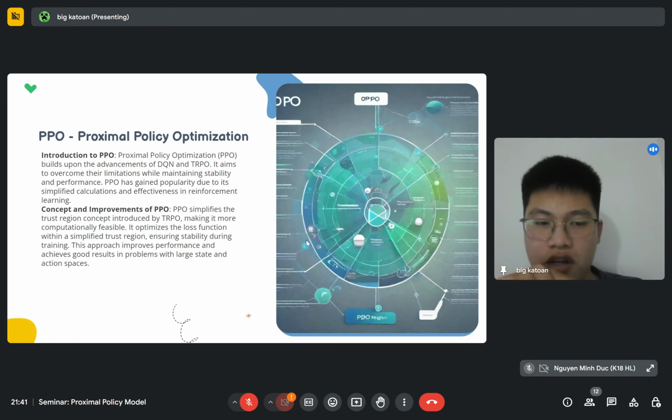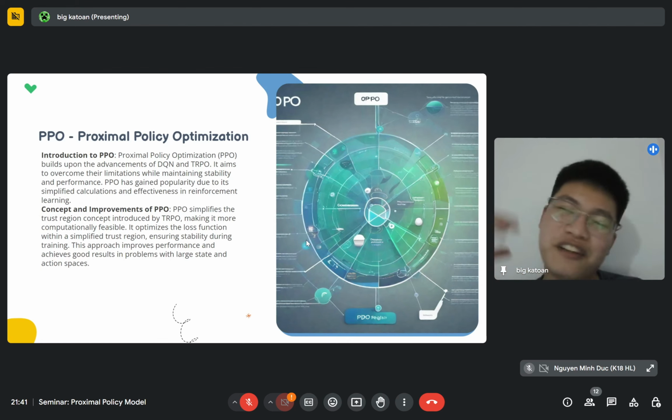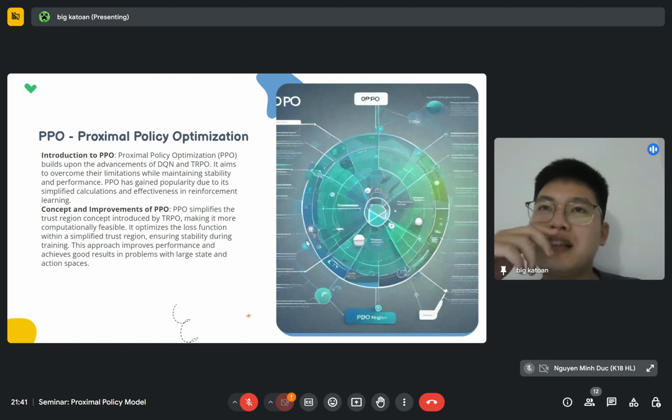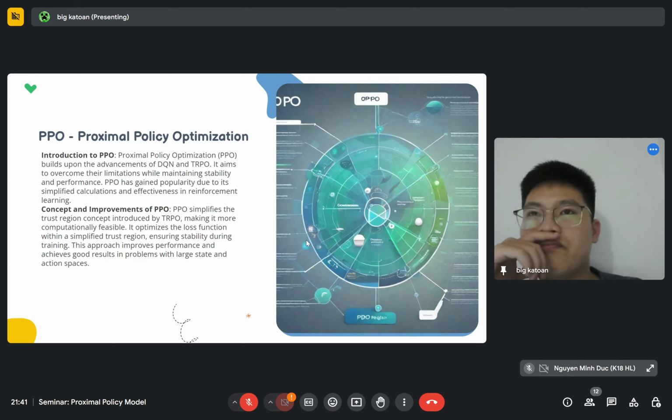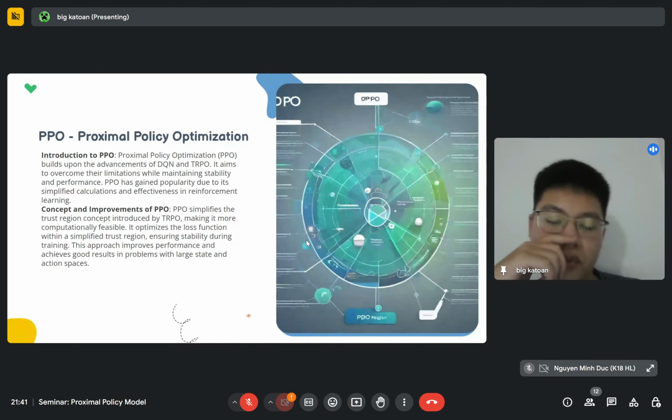Currently, we need to talk about the large state and action space. The large state space here we can understand as the vocabulary, and the action space is actually about vocabulary too. So when we combine it together, we can understand that PPO is one of the best reinforcement learning methods for large language models because it solves the problem of discrete action space and discrete state very well.